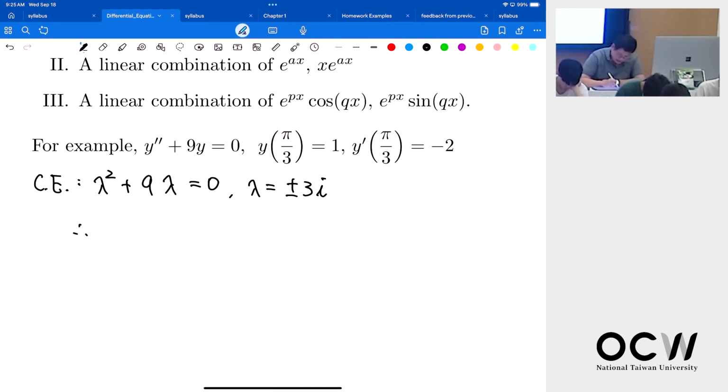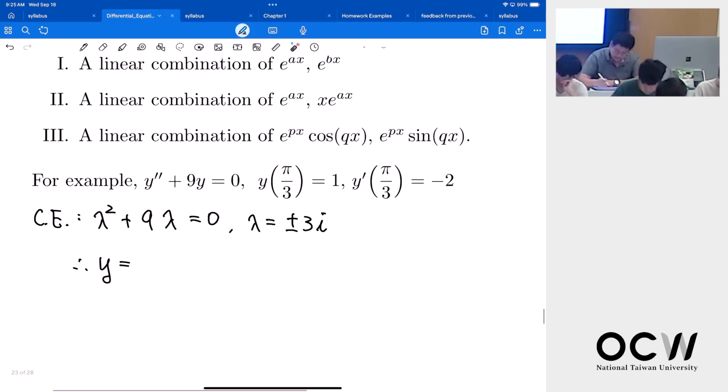In this case, since it is a complex number, my solution is e to the px, what is p?